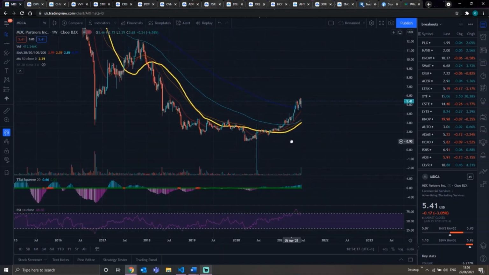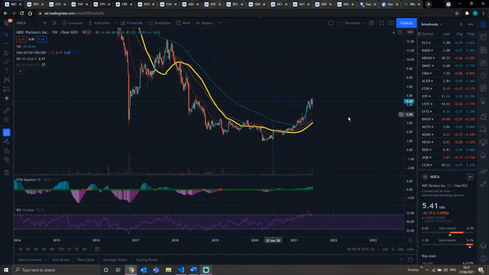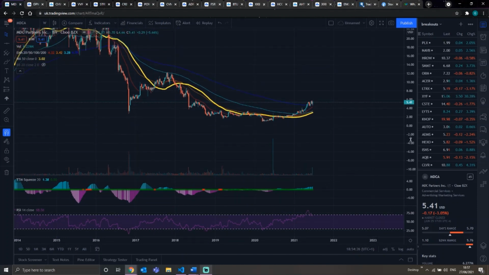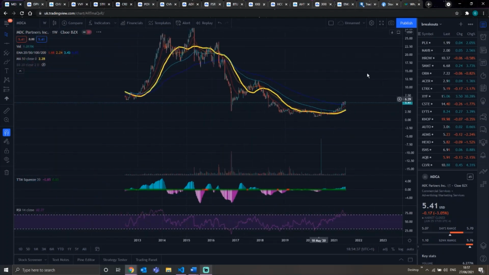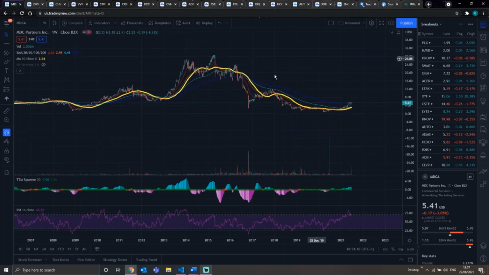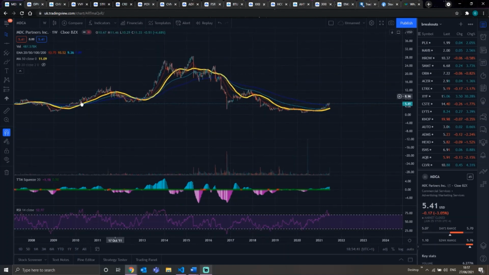Yeah. It looks alright. But it could fail, and it could come down and give us an inverse head and shoulders move back up, which would probably be a little bit stronger. But we need to wait and see what it wants to do. But you always have my trends in, because you can see obviously it was a head and shoulders originally, which caused it to come down.